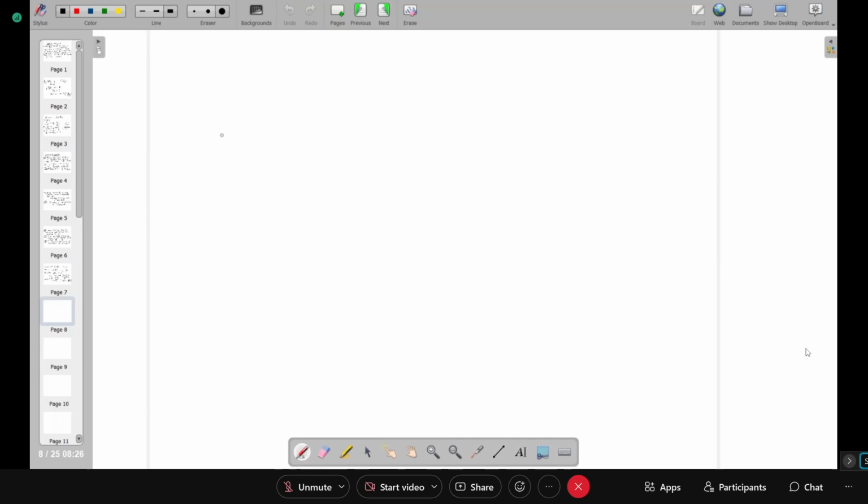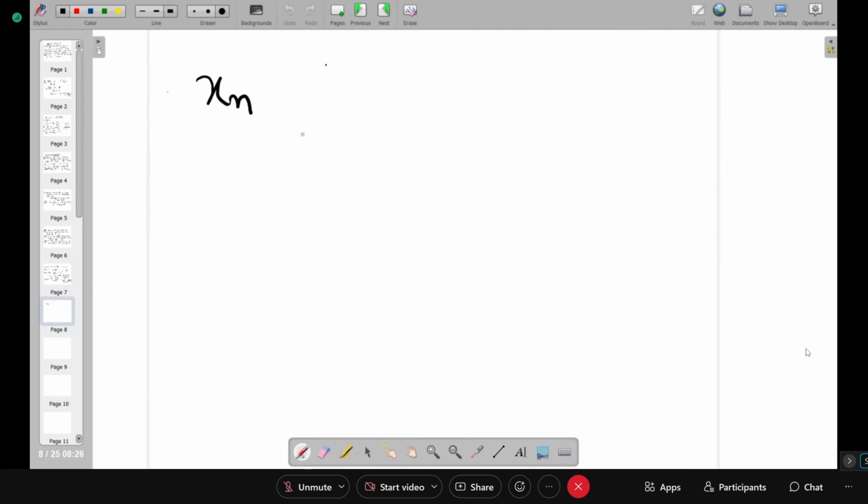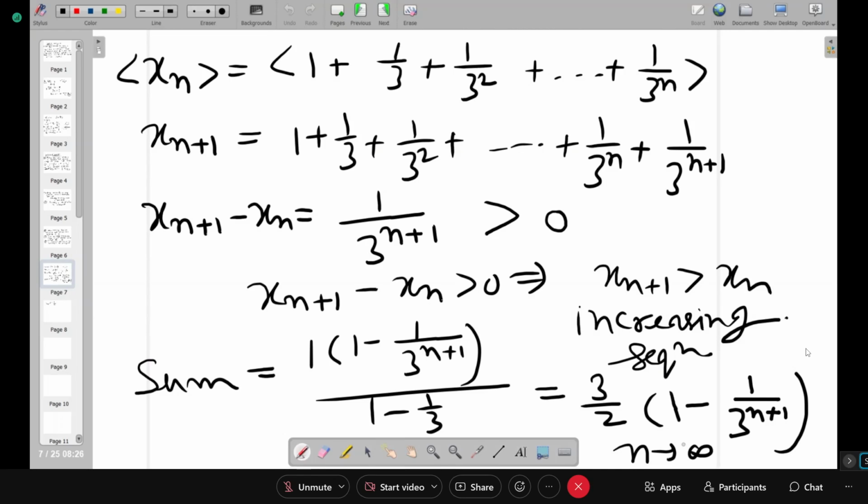So at infinity the term is coming to 3 by 2, meaning 3 by 2 is the bounded above element.